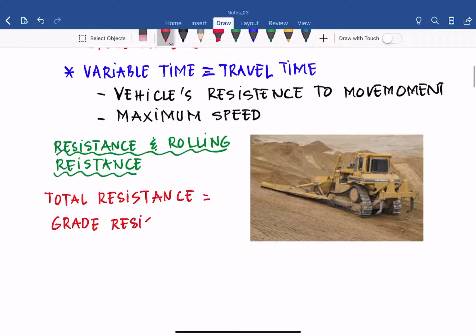If we go uphill, it's more difficult, meaning more resistance than going downhill. The second resistance that contributes to the total resistance of the equipment, which affects the travel time, is the rolling resistance. It depends on the material that the equipment is moving on.